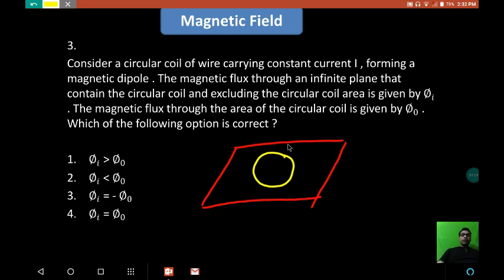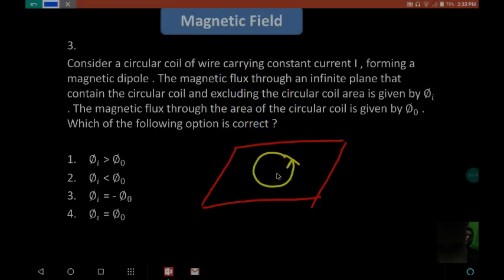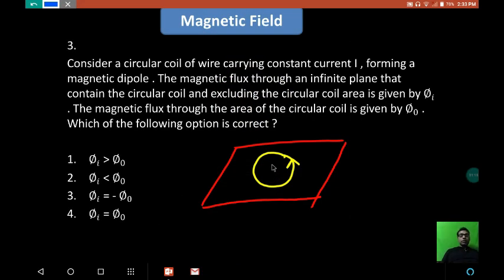Now the magnetic field coming from this, if a current is flowing, what will be the direction of the magnetic flux? Yes, it is anti-clockwise. We can say it is going from inside like this.